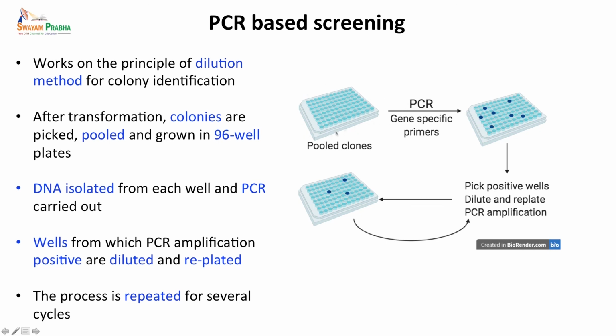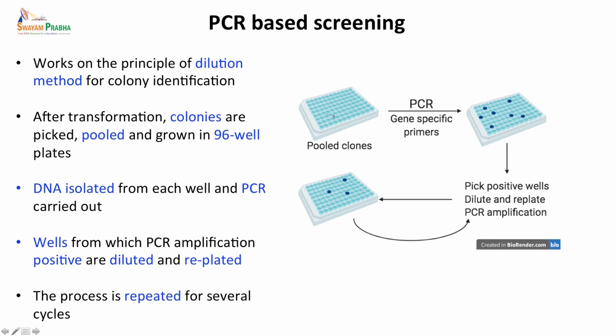Of course it can be automated, so one can automate these steps also. So in essence, after transformation of the E. coli, the colonies are picked and you can pool certain colonies in each of these wells. So for example, you may decide to pool 50 colonies per well, and then you plate in a 96 well plate.